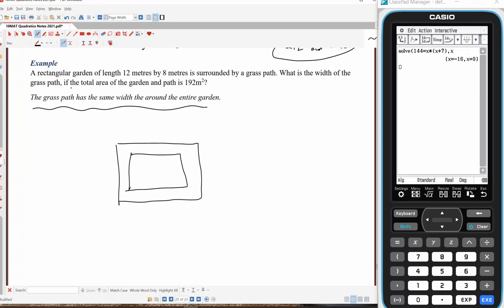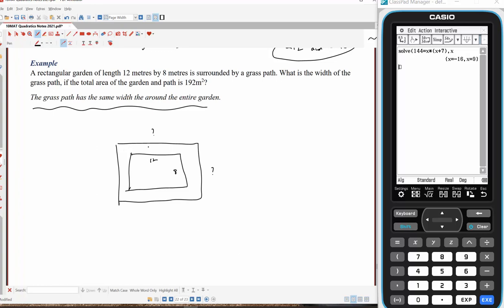What is the width of the path if the total area of the garden and path is 192 meters squared? So we get a length of 12 by 8. Now the total area of the garden and path, so this multiplied by this equals 192 meters squared.